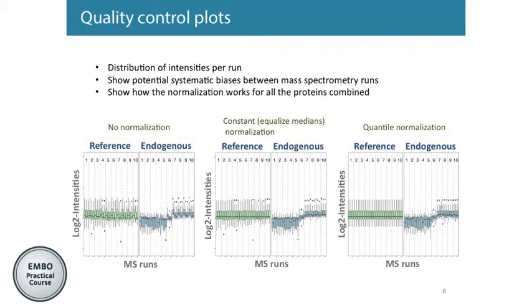For the endogenous experiment, for normalization, let's assume we don't have the reference panel and we have only this endogenous one. This is before normalization. If you just click the normalization for the endogenous one, we make the medians the same. So now you can see this condition 5 is lower than the others.